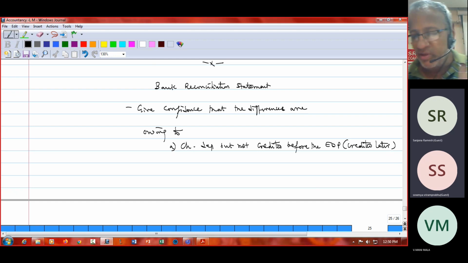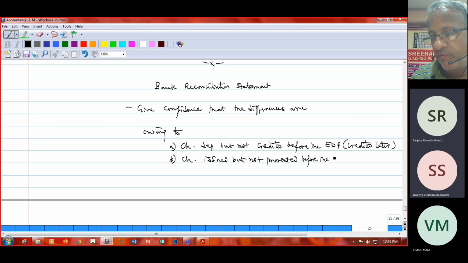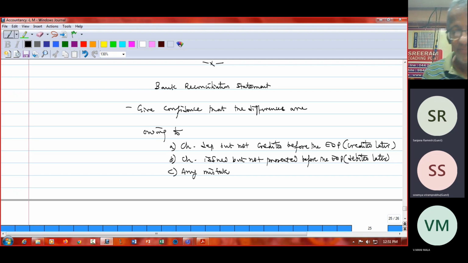They are credited, not credited before the end of the period, credited later. B, checks issued but not presented before the end of the period, debited later. C, any mistakes committed by the banker.